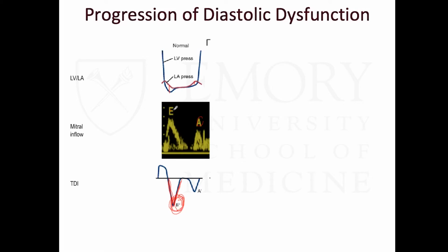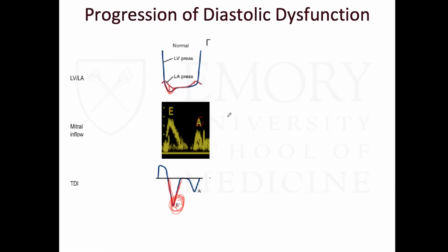So here, normally, you have a left ventricle that sucks very well and generates a negative pressure. So to fill the left atrium, we have an E wave, and then an A wave, and a very vigorous tissue Doppler.